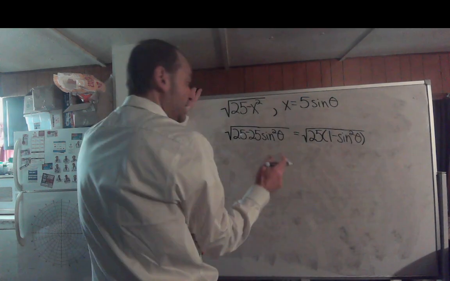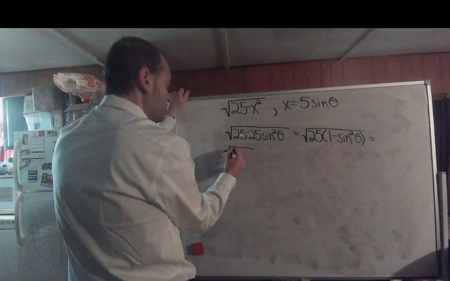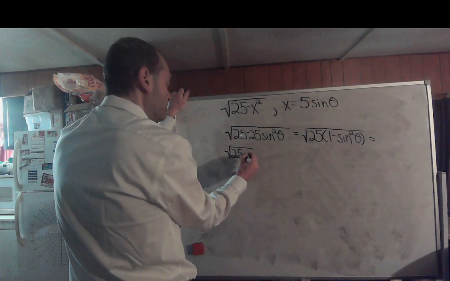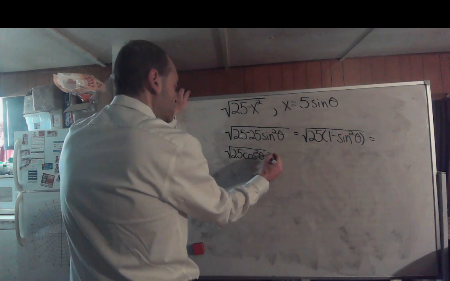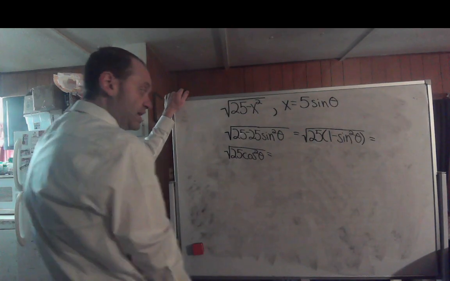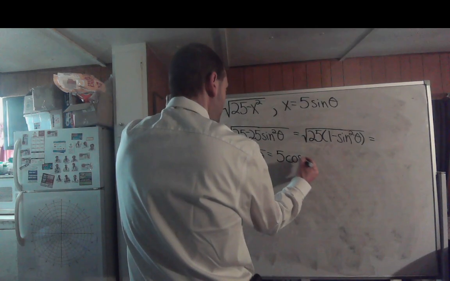Okay, well, what is this product now? 1 minus sine squared turns out to be cosine squared. So you'd end up getting the square root of 25 cosine squared of theta, which would then equal 5 cosine of theta.